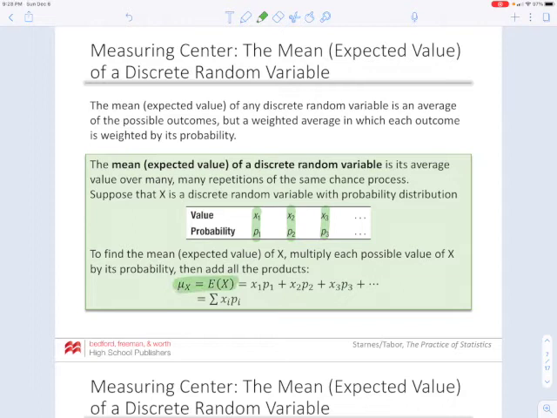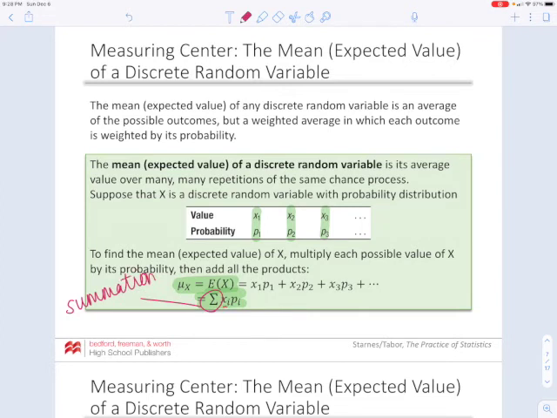This formula is indeed on your formula chart, but only this part that I've highlighted is what you see. Okay, you don't have this summation written out: the x1 p1 plus x2 p2 plus x3 p3. You need to know that sigma is summation. Okay, that means I'm adding things together.